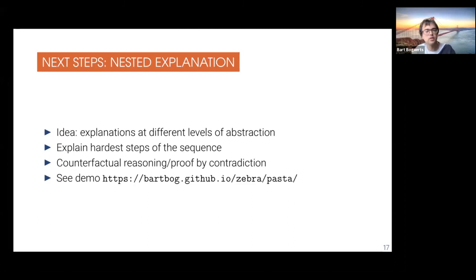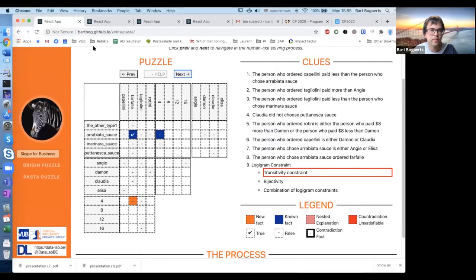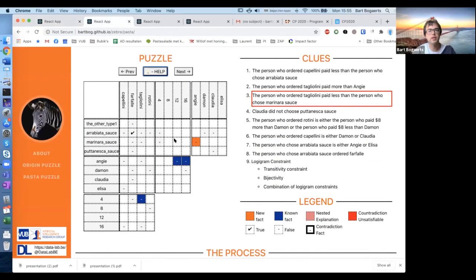So if we go back to the demo, what you can see here is, here's a difficult explanation step happening. It says, well, if the clue, the person who ordered tagliolini paid less than the person who chose marinara sauce, in combination with these three facts, that tagliolini didn't cost 4 and Angie didn't order 12 or 16, didn't pay 12 or 16, we can conclude that Angie didn't order marinara sauce.